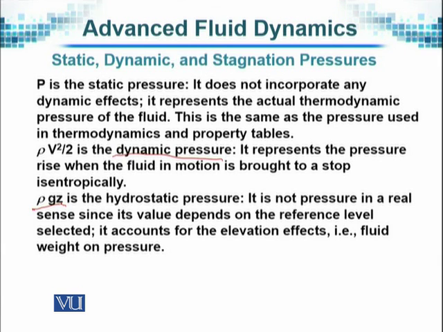The higher the level of the static liquid or fluid, the higher will be the pressure. So it all depends. You can see rho will be constant, g will be constant in this term. So the only variable is Z, height. So if height increases, pressure will increase; if height decreases, pressure will decrease.